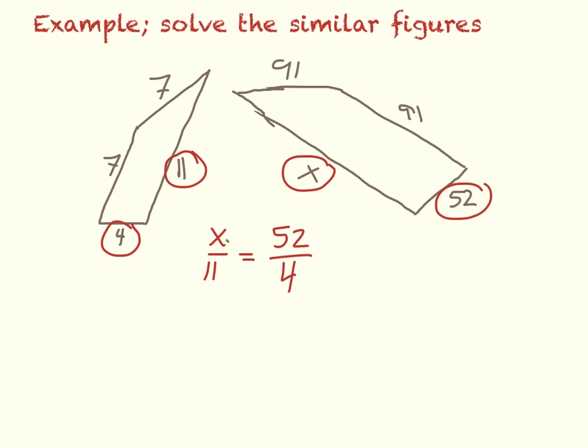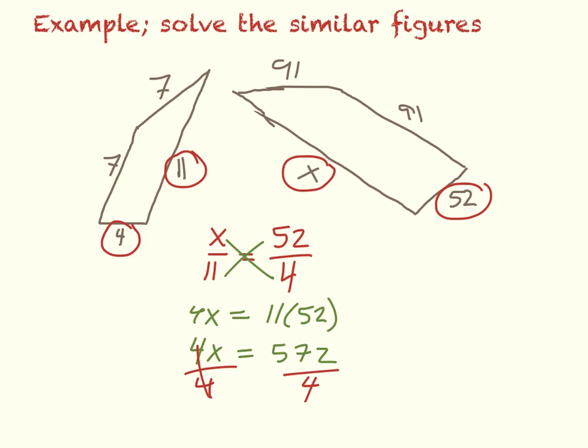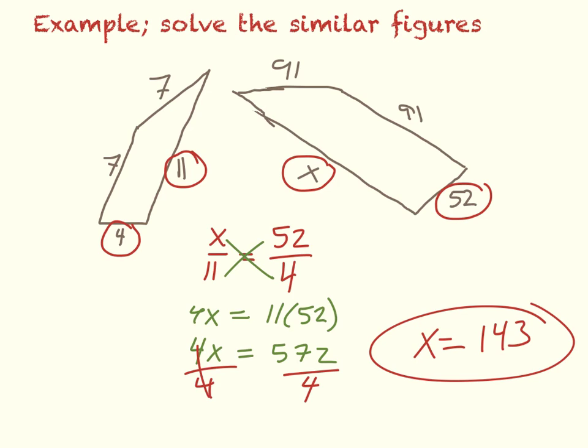And now I do my cross multiplication. So I have 4x equals 11 times 52. So 4x equals 572. Then I divide by 4. So x equals 143. And that would be your final answer.